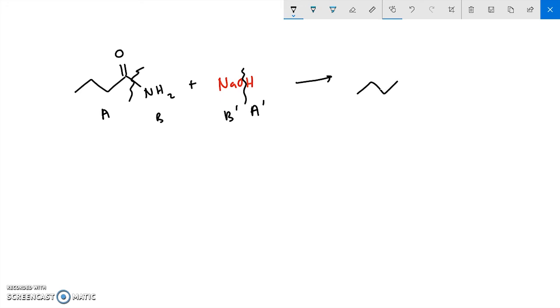The 4 carbons with the C double bond O is A combined with the B prime, so we get O and A as the attachment, plus the side product, H from the sodium hydroxide attached to the NH2 from the amide compound. If we rewrite this again, you know that this is ammonia.